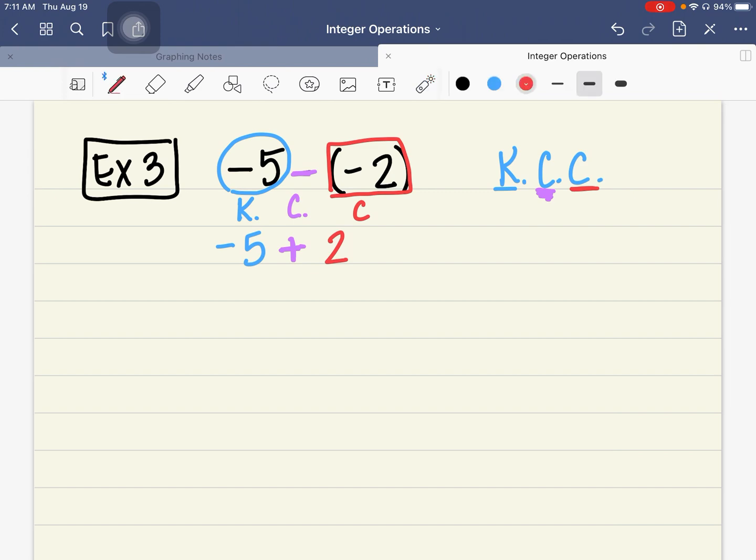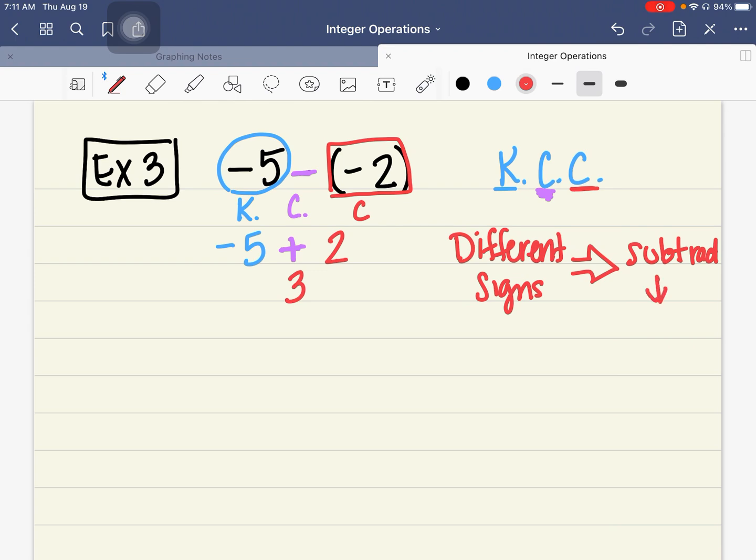-5 plus 2. Now remember, if they have different signs, we have to subtract the numbers because the arrows would be going in opposite directions. So 5 minus 2 is 3. And then we have to use the bigger sign, which is the negative sign here.